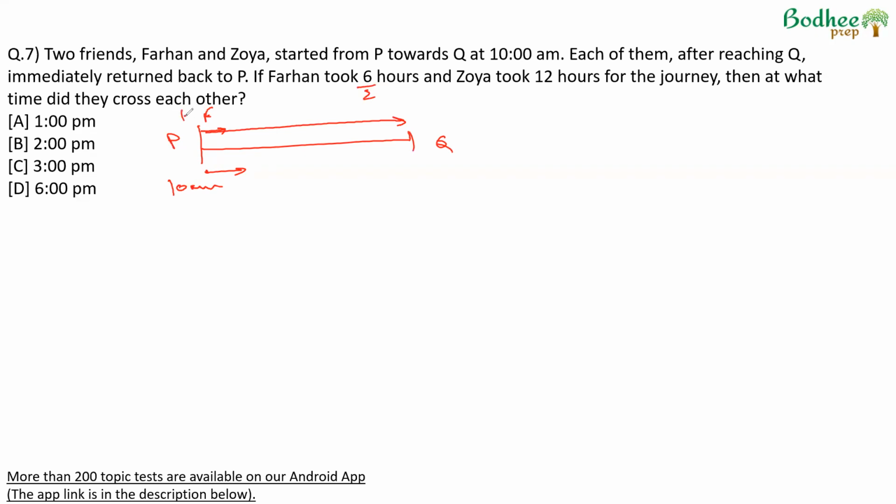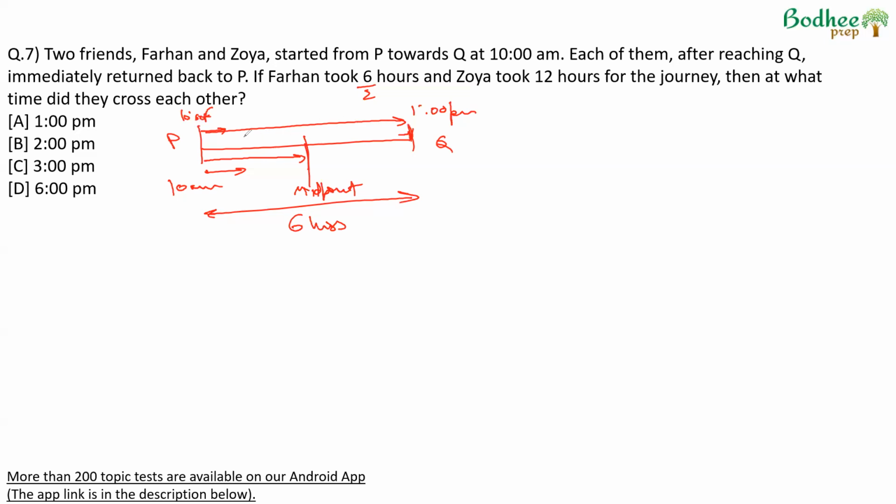He started at 10. Therefore, 3 hours later at 1 p.m., 10, 11, 12, 1. At 1 p.m., Farhan is standing at Q and turns to go back. Where has Zoya reached at 1 p.m.? Zoya takes 12 hours to go for the entire journey. Therefore, from P to Q, Zoya will take 6 hours. By now, 3 hours have passed, so she'll be at the midpoint of PQ exactly.